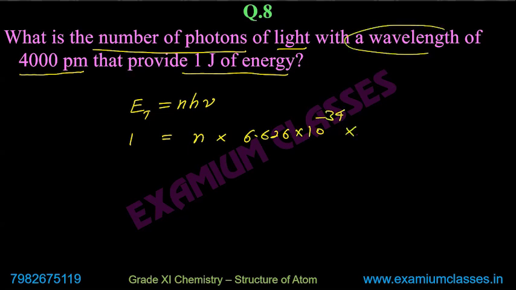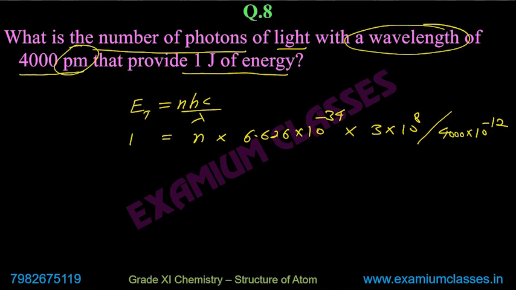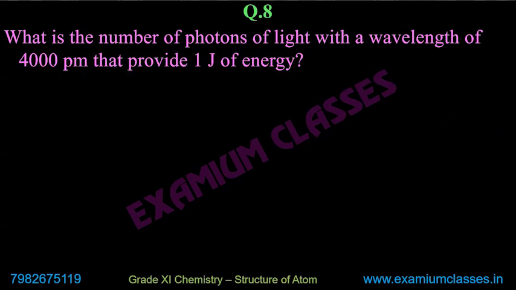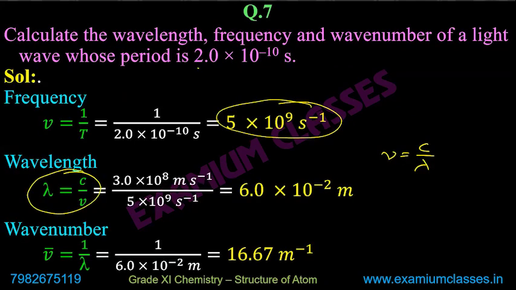Wavelength is given, so nu you need to calculate as c by lambda. So here you can write hc by lambda. c is 3 into 10 to the power 8, divided by lambda, 4000 into 10 to the power minus 12 because it is in picometer. 1 picometer is 10 to the power minus 12 meter. Substitute the values and you get the answer.